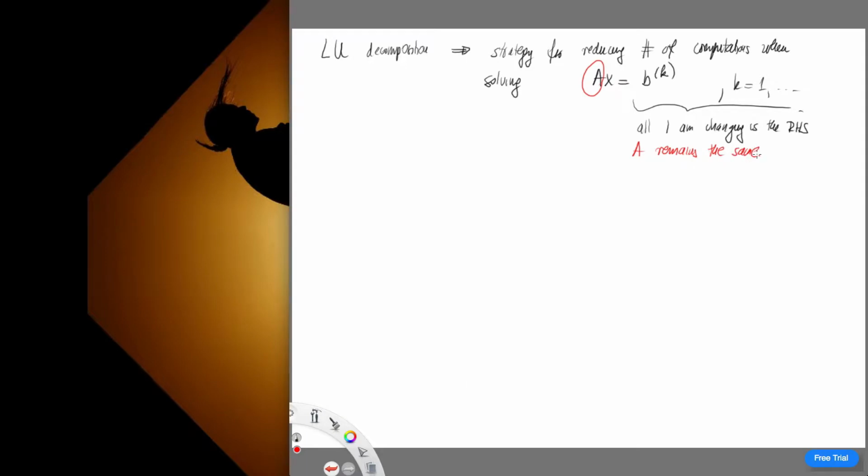So we know that if I was to use Gaussian elimination on this, I would effectively have two steps in Gaussian elimination.